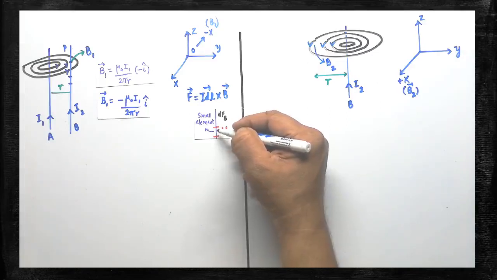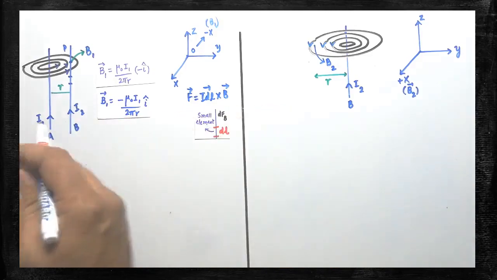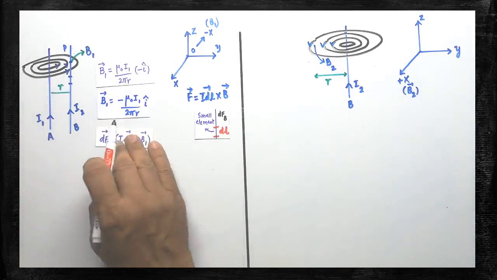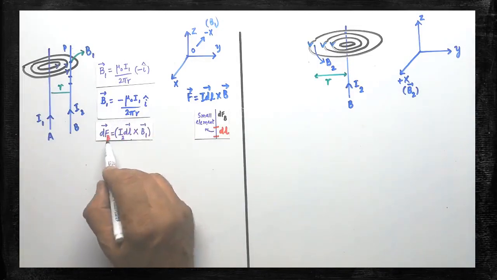Are you clear? Now since it is a very small element, a very little amount of force will be acting. The small amount of force which is experienced by B can be written like this. This is the fundamental formula. Look at that. dFB. What is dFB?